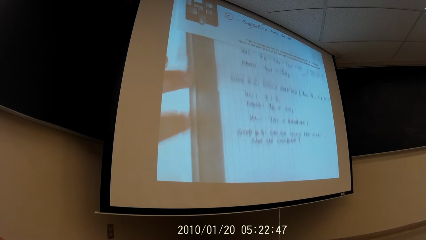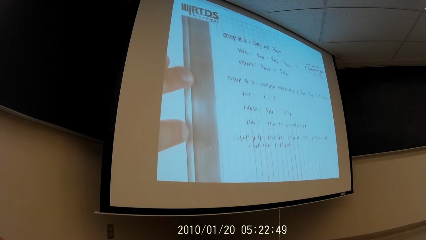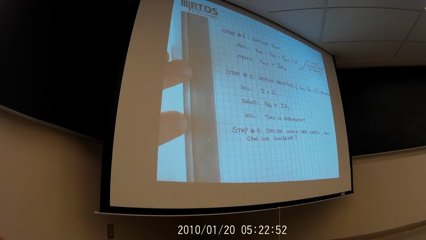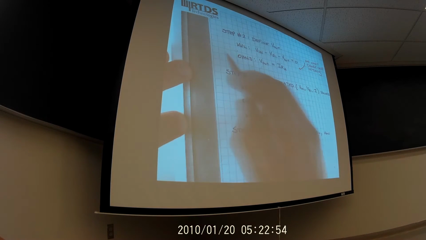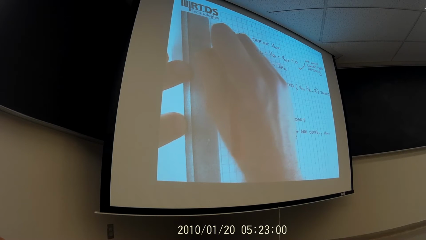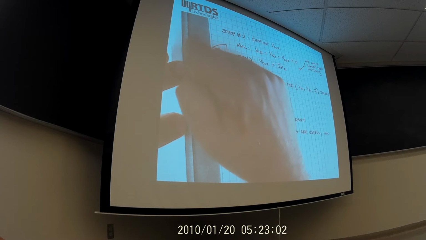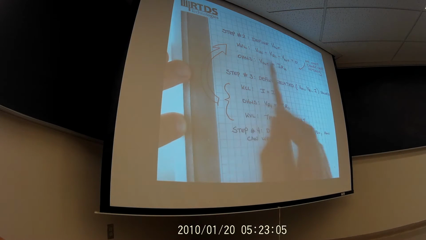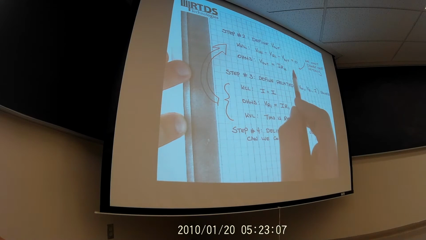So let's decide which one of these are useful and how we can combine them. Our goal, right, is to take pieces from over here and move them up here. We want to, in the end, have an expression that's in terms of V out.